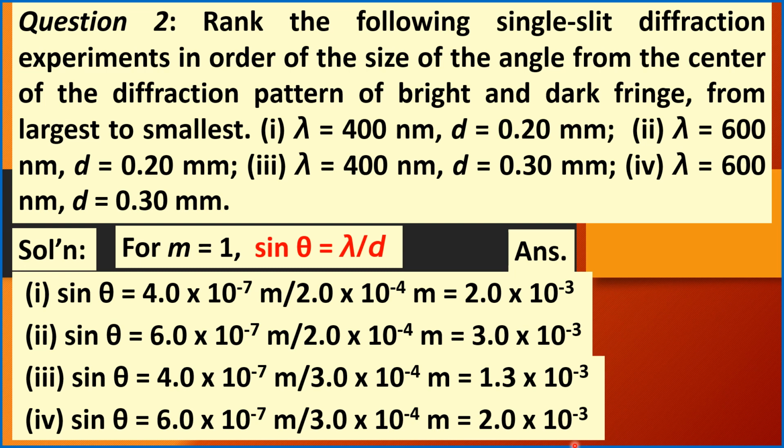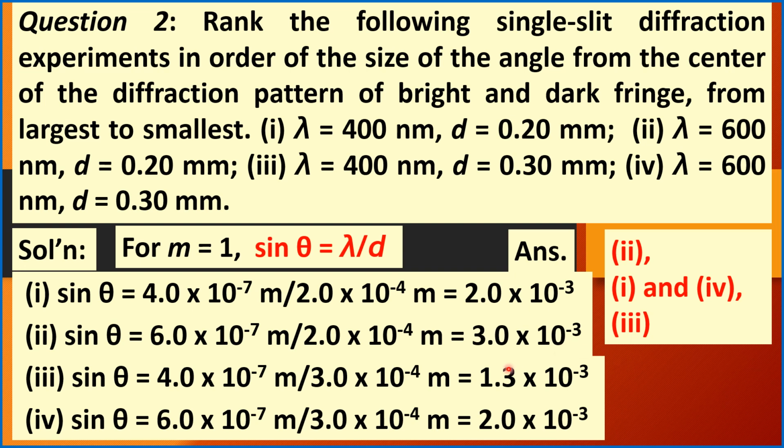So the largest, of course, is that of case number 2. If you are going to determine the angle theta, it will be the largest, followed by cases number 1 and number 4.